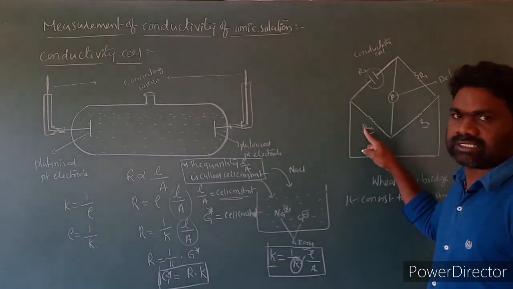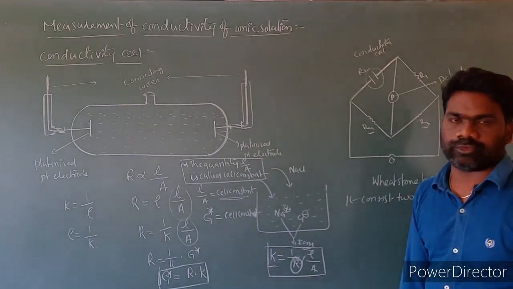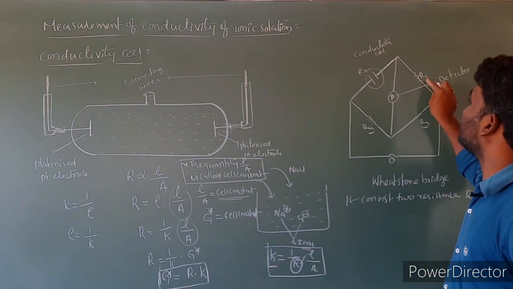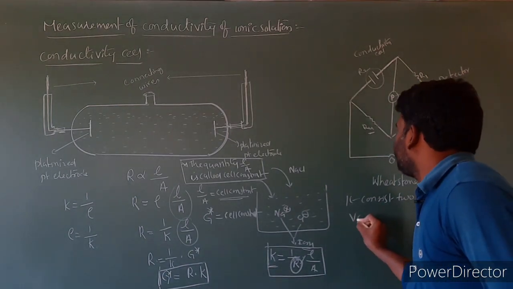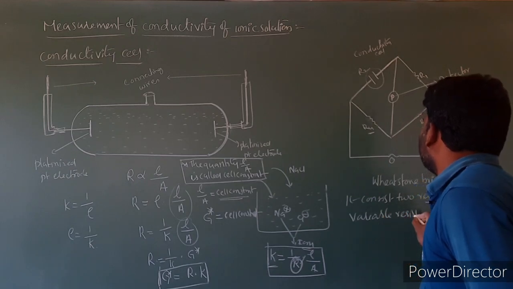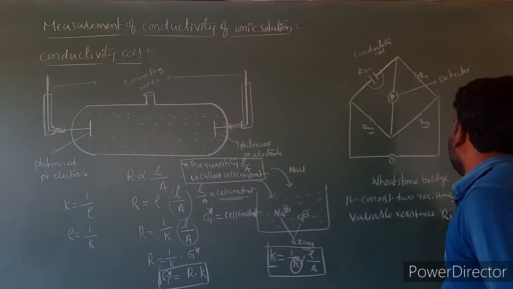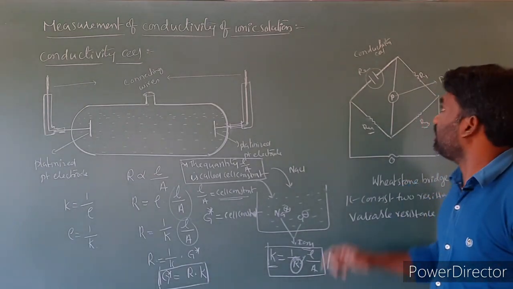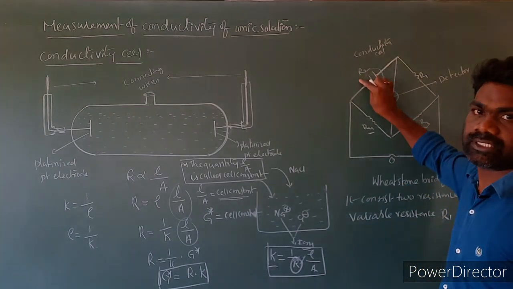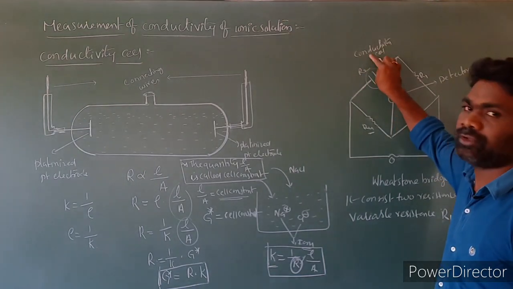So it is one resistance, this is another resistance. And it consists of a variable resistance R1, and an unknown resistance of a conductivity cell.